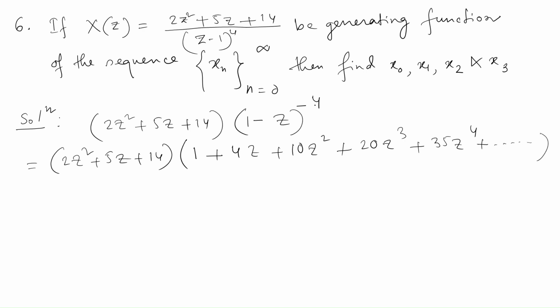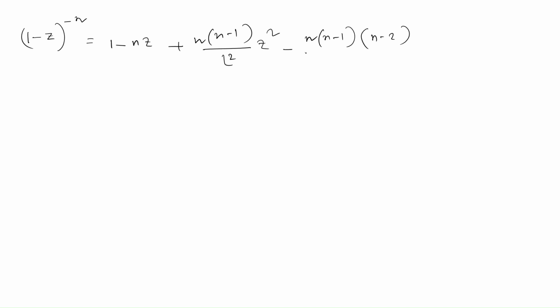To remember this, you can remember the formula (1 minus z) power minus n as 1 plus nz plus n into n plus 1 by factorial 2 z square plus n into n plus 1 into n plus 2 by factorial 3 z cube plus so on. So put the value of n as 4, you will get the desired series.